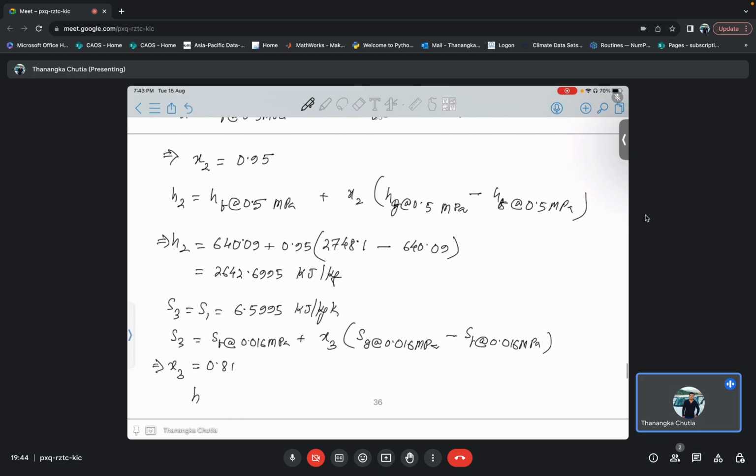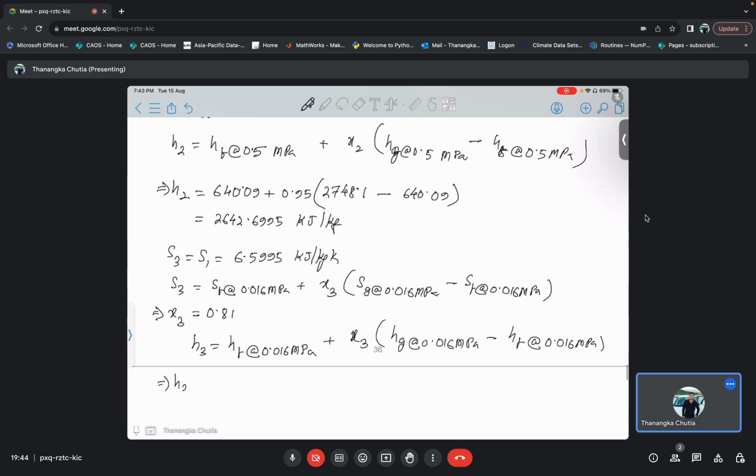Then h3 will be equal to hf at 0.016 megapascal plus x3 times hg at 0.016 megapascal minus hf at 0.016 megapascal, which will give you h3 equal to 2150.5033 kilojoule per kg.